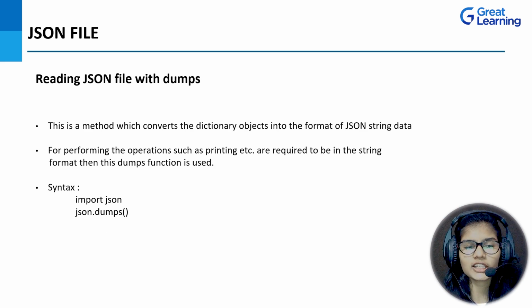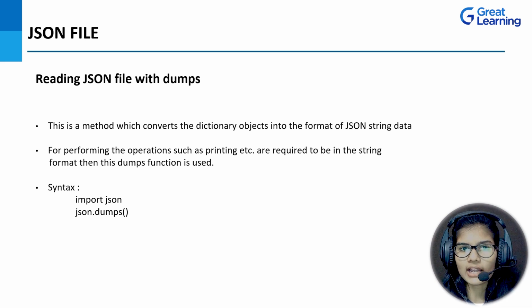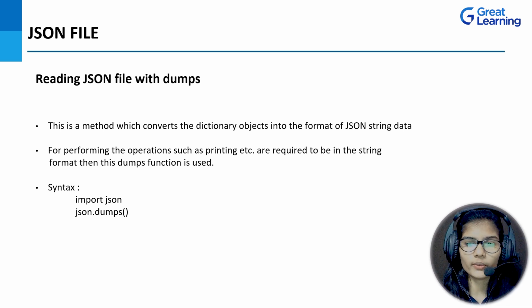Moving forward, we saw how you can work with JSON using the dumps function. It is used for converting dictionary objects into JSON string data. Whenever you want to convert dictionary objects into JSON string data, we use the dumps function.